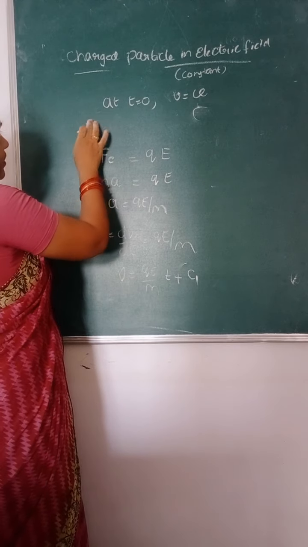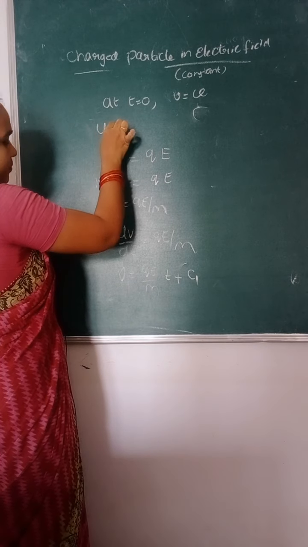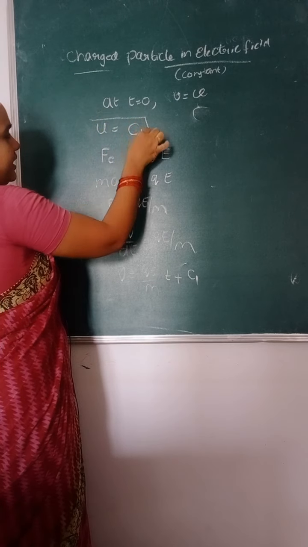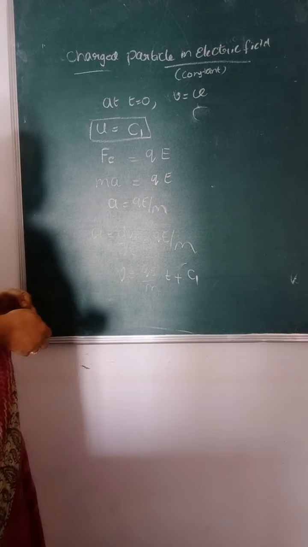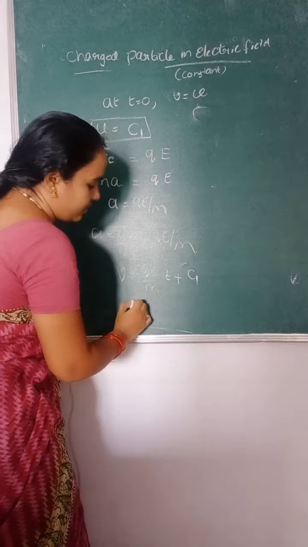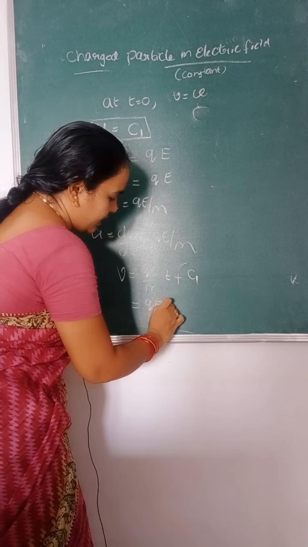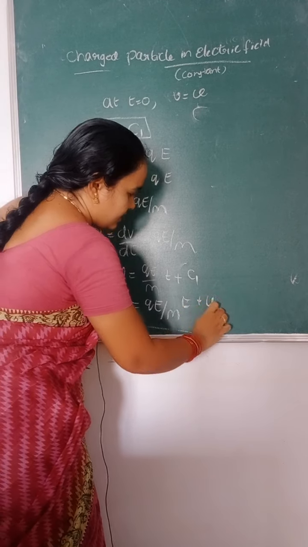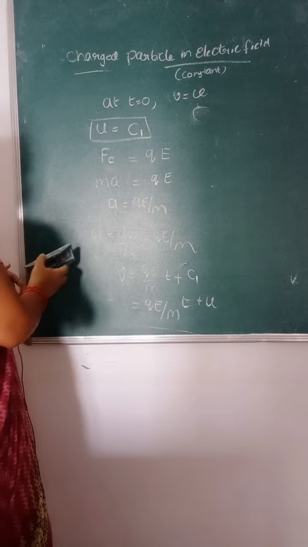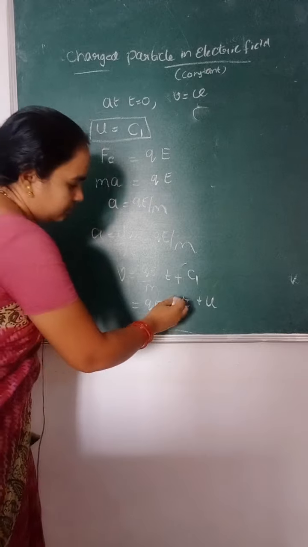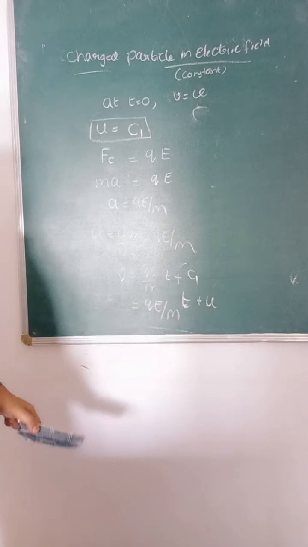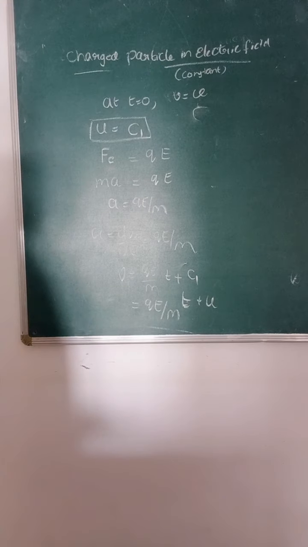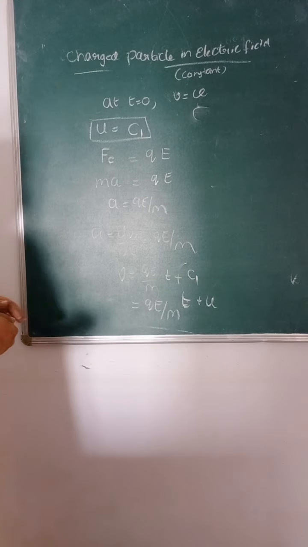Then v is equal to u, time is 0, so c1, the constant of integration, is u. Then this equation will be v equals qE by m into t plus u. This is the velocity of a charged particle.